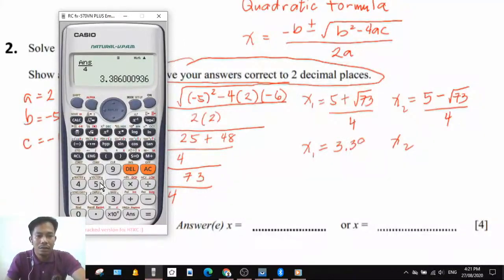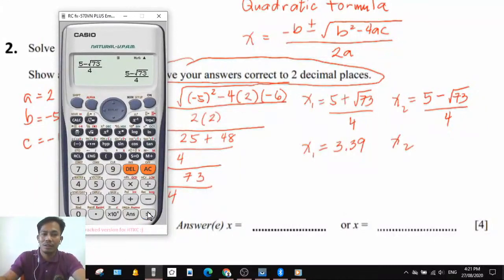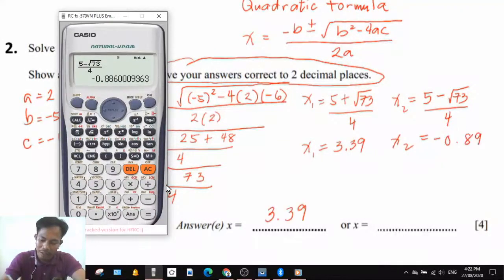Next I'll have 5 minus square root of 73, then divided by 4. I'll change it to decimal. It is negative 0.89. You will notice that I've written it in 2 decimal places because the instruction says so. So the answers are 3.39 and negative 0.89.